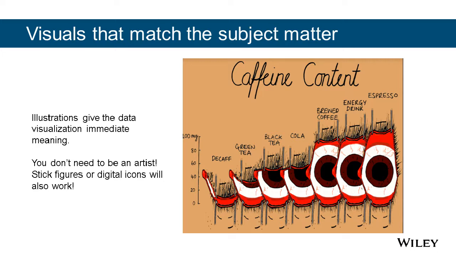That wouldn't capture even a fraction of the emotion in this data visualization, or even a little bit of the impact of these eyes that become more and more alert with each milligram of caffeine. There's something very simple and very powerful about being able to tie what you are illustrating with the data that you are presenting.